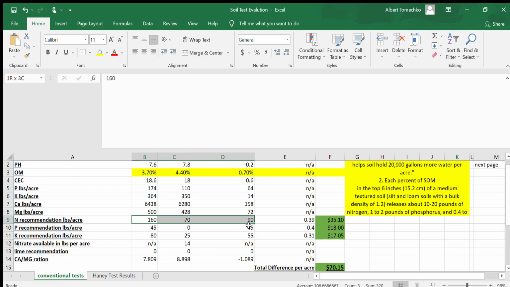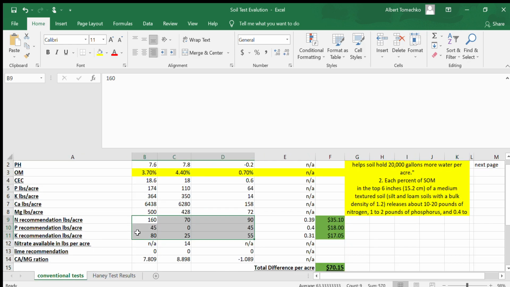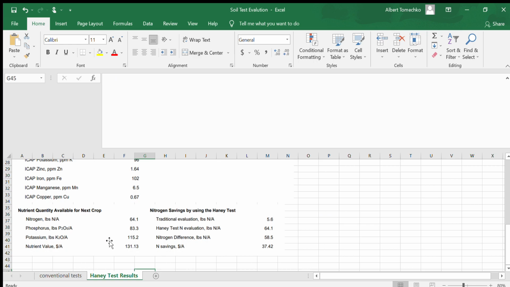Look at these tests. Between these two, one recommended 160 pounds per acre of nitrogen. The other one recommended about 70. This is telling me I have 64 pounds available. Same with phosphorus. One test recommended 45, one recommended 0. This test is telling me I got 83 pounds of phosphorus available in soil.